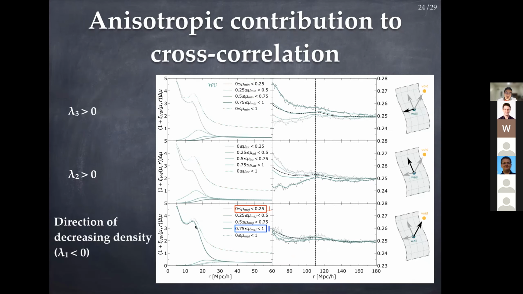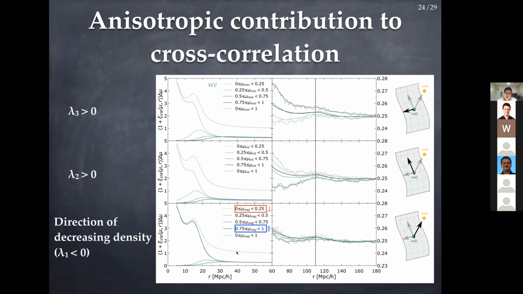Now, in this case, we are measuring angles with respect to the eigen direction corresponding to lambda 1, which is the direction of the density decreasing most rapidly.